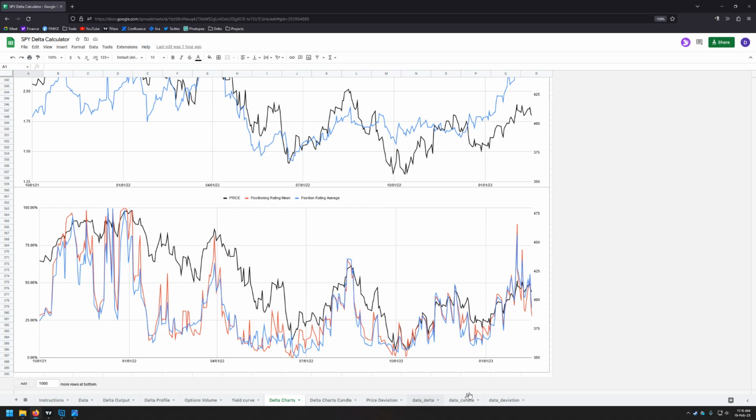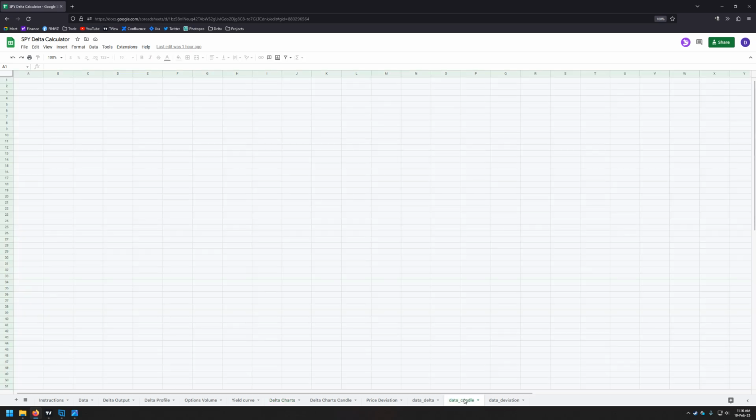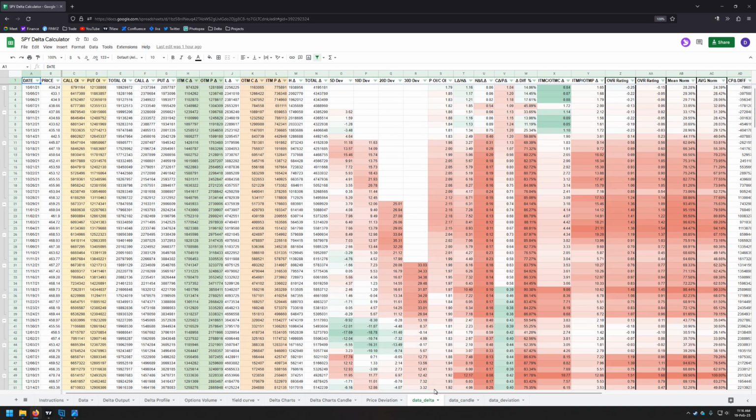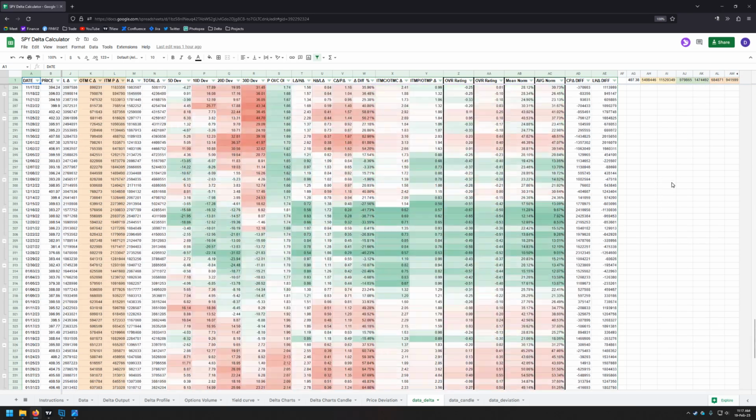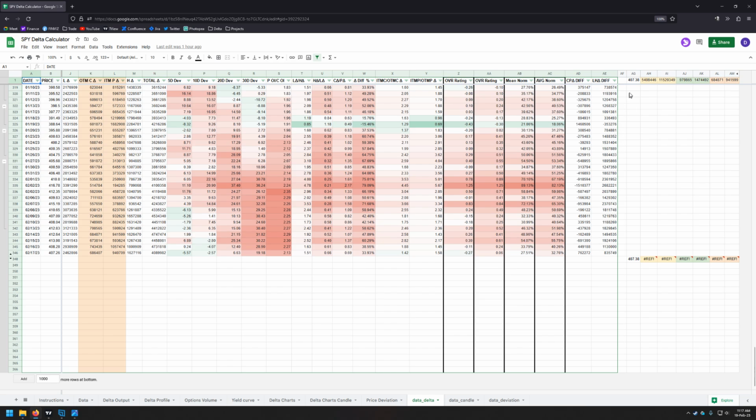Let's go to Delta Data, and I can play with price. And this is the mean norm. Let's say we go to 400.01.